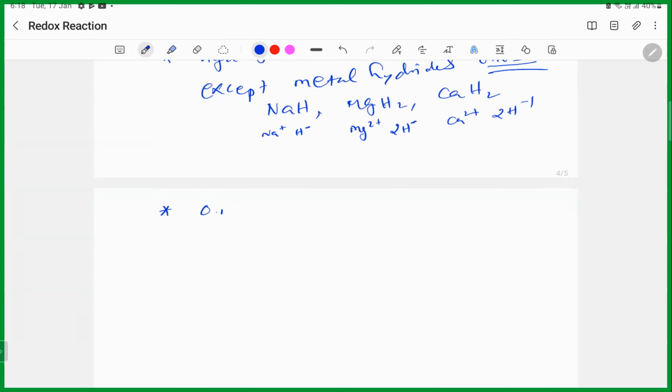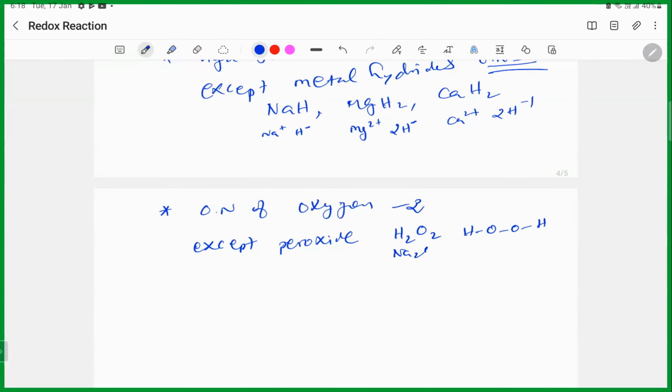And then the oxidation number of oxygen is always -2, except in peroxides. Peroxide means hydrogen combined with 2 oxygens, so H-O-O-H. Also sodium peroxide, barium peroxide. Here the oxidation number is -1. Same way, superoxide. What is superoxide?